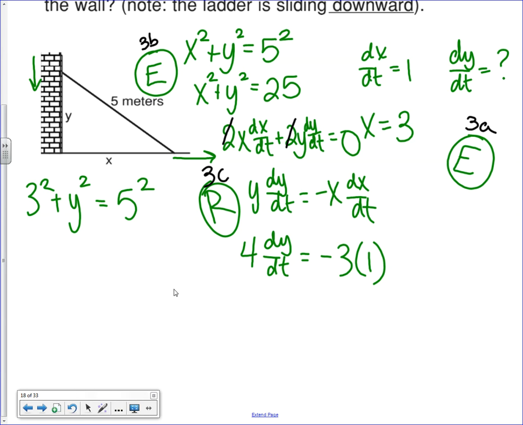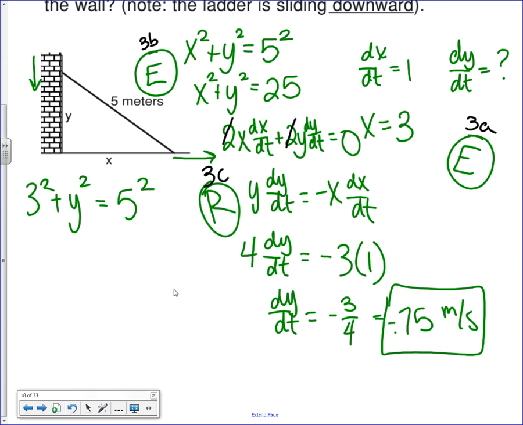And when you solve for dy dt, you get negative 3/4 or negative 0.75. And your units on this is going to be meters per second. Okay, so that would be your final answer, which corresponds to letter T on your worksheet.